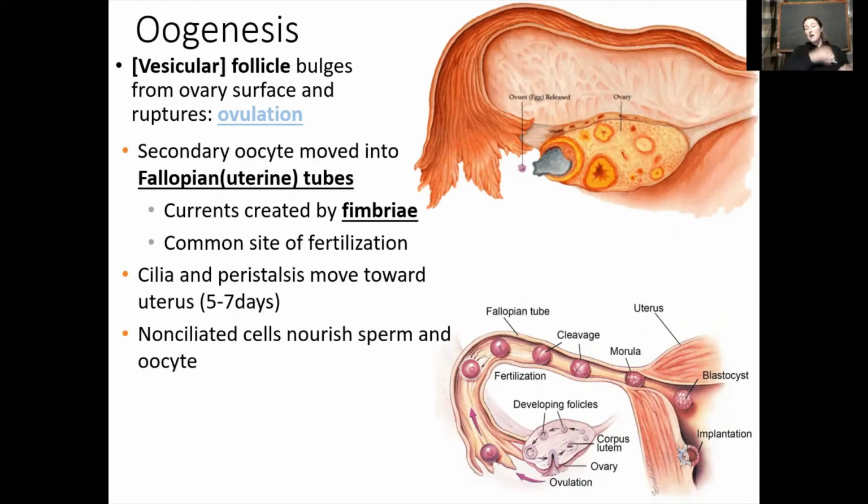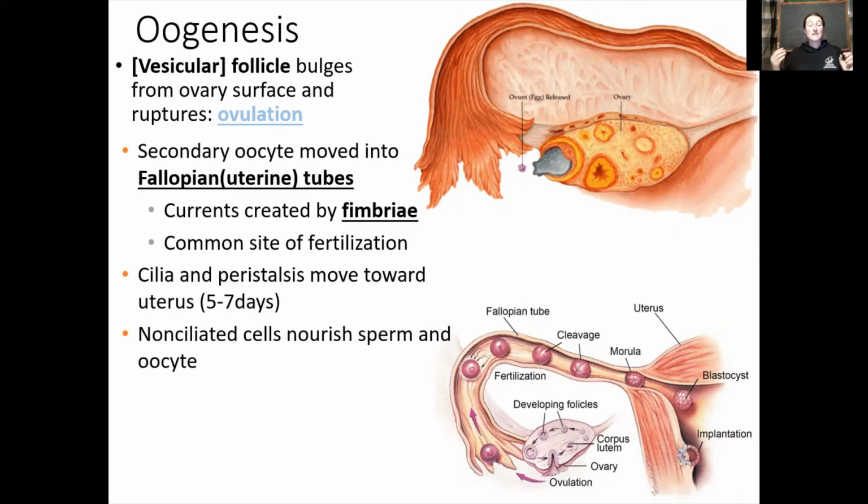So if everything works out right, the secondary oocyte, the egg, is going to be moved into the fallopian tube, or uterine tubes, as a result of these fimbriae. Unlike the sperm, the egg does not have a flagellum, so it can't actually swim down into the uterus.